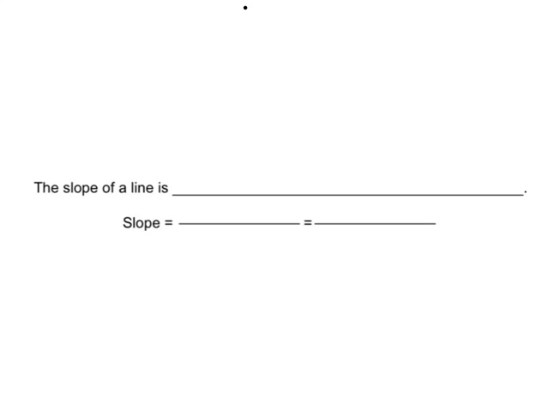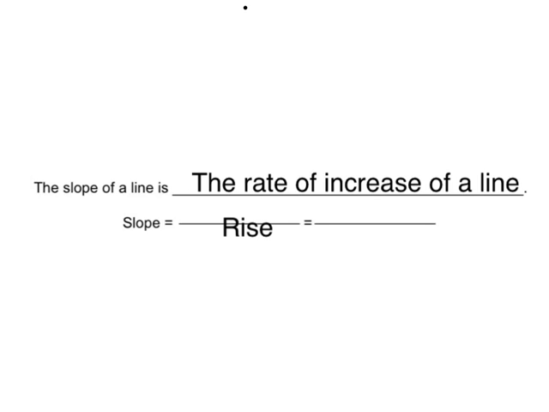Now we're going to be defining slope in more mathematical terms. So the slope of a line is how steep the line is, or it can also be written as the rate of increase of a line. We'll talk about this more, but slope is also equal to the rise over the run.